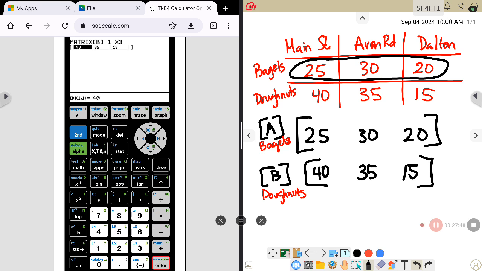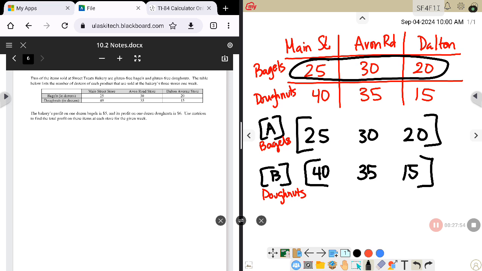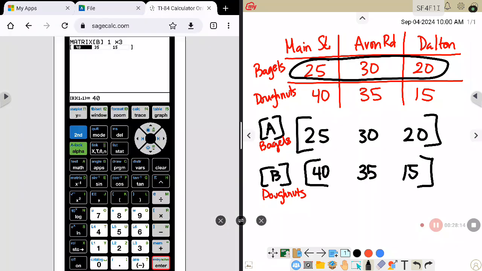So when I want to solve what this is asking for, let's look at what this says. The bakery's profit on 1 dozen bagels is 5, and 1 dozen donuts is 6. So it says use matrices to find the total profit on these items at each store for the given week. So I'm going to go to second and quit to go to my home screen.